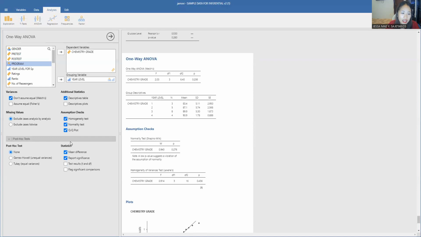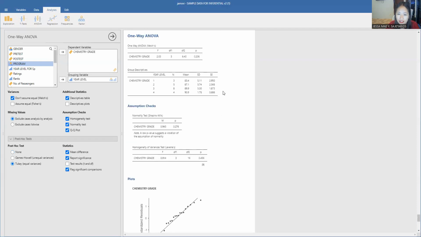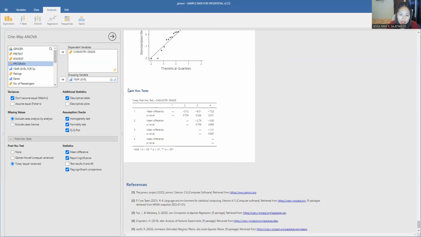But in case that there is a significant difference, like let's say less than ito ng 0.05, we can check that one here in this part, the post-hoc test. So makikita natin kung ano ba yung difference nila from each other.